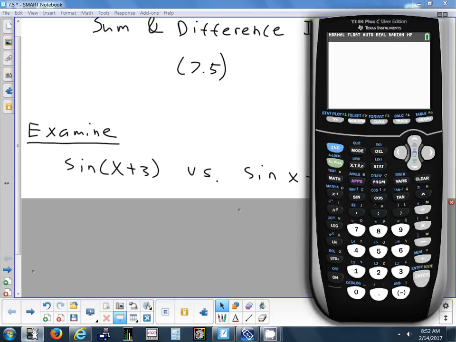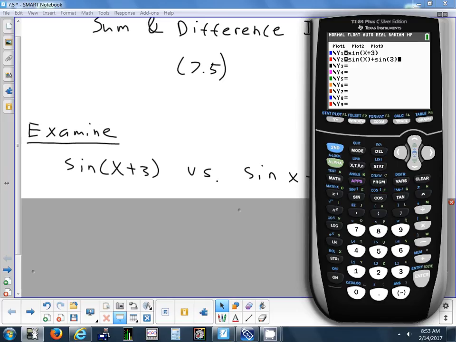Let's graph them. Let's put sine of x plus 3 in y1, and let's put sine of x plus sine of 3. Before I even hit graph, what kind of transformation is it when you add a number inside the parentheses? Which way does that shift it?